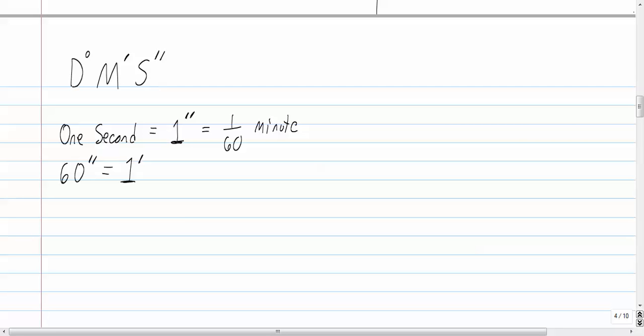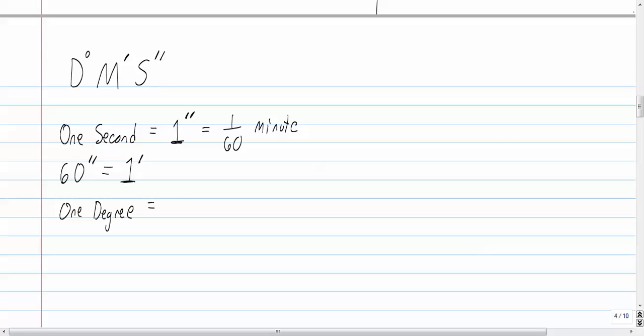Alright. Now, 1 degree is equal to, well, kind of, you can't really relate this, I guess, to the real world as far as minutes and seconds, because the word degree doesn't really go with minutes and seconds.